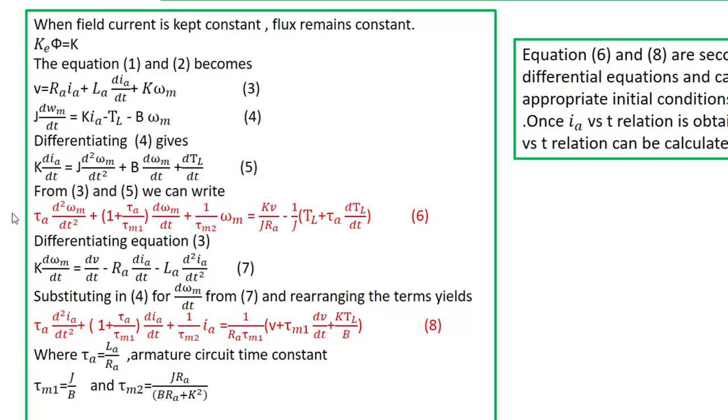So these equations number 6 and 8 we have to solve. From equation number 8 you will get the value of Ia in terms of time. Obviously you should know the initial conditions to solve equations 6 and 8. From equation number 6 you will get the torque versus time relationship.